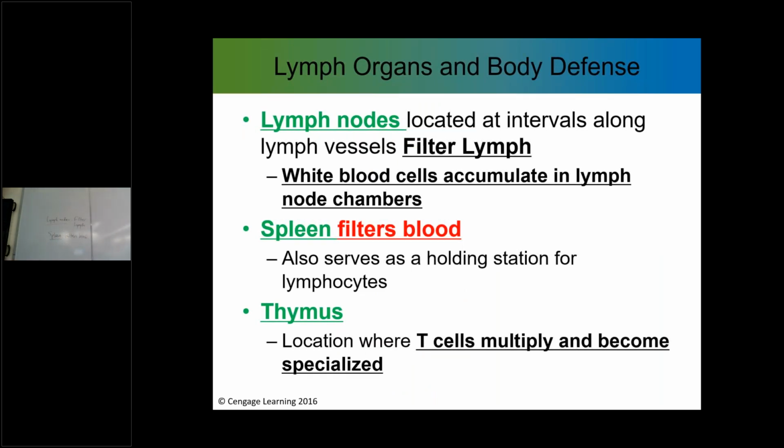So let's look at this next slide. And you'll see here it says the nodes located at intervals along the lymph vessels, right? So they're a part of this lymphatic system. But again, remember, it's not directly connected to a pump. So we're not going to be pumping lymph in the body. What does allow for this movement? The contraction of your skeletal muscles.